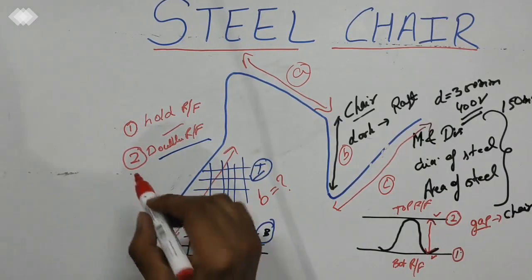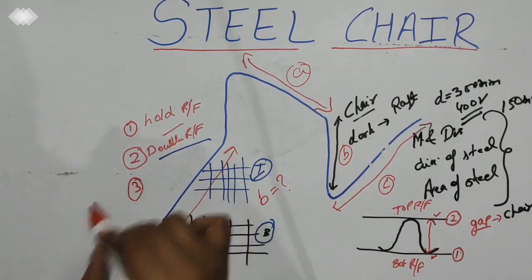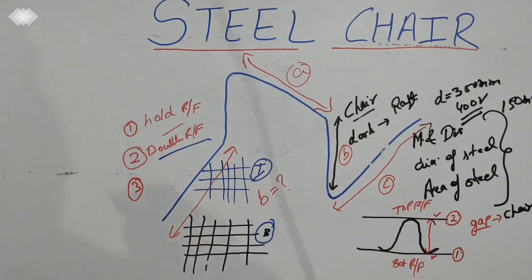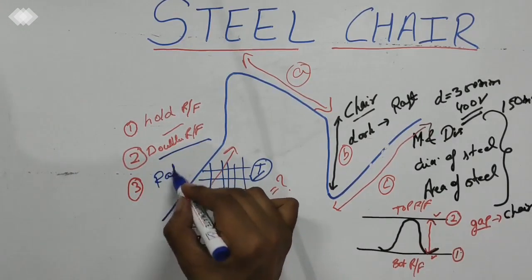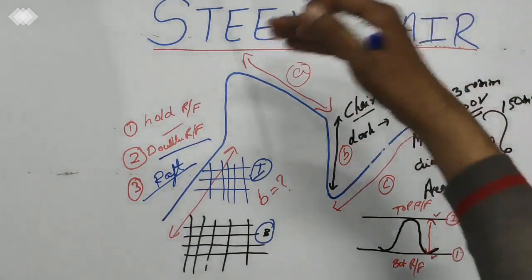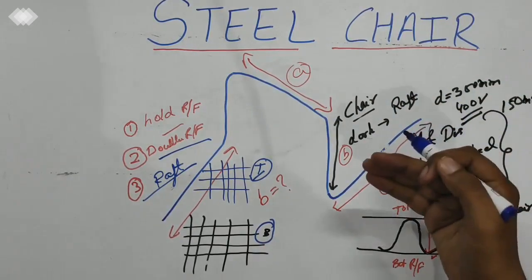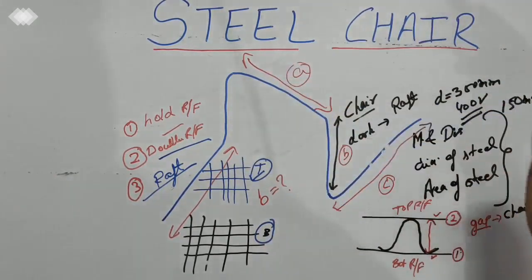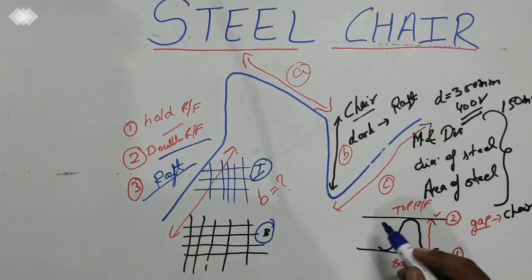So third point is raft, where we have to hold the slab with maximum load. We have to provide these steel chairs. So what we do, we provide a steel rod of different shapes and sizes in order to prevent bending.